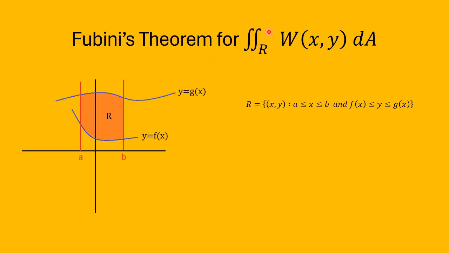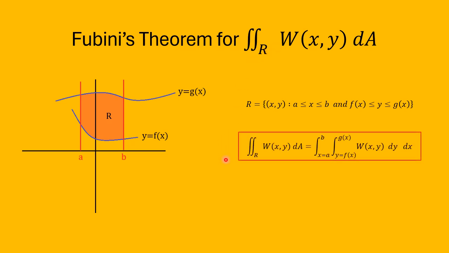So how do we evaluate this double integral? We do it as an iterated integral. The double integral over R of w of x, y, dA is the following. It's the integral from x equals a to b of the integral where y goes from f of x to g of x, w of x, y, dy, dx.